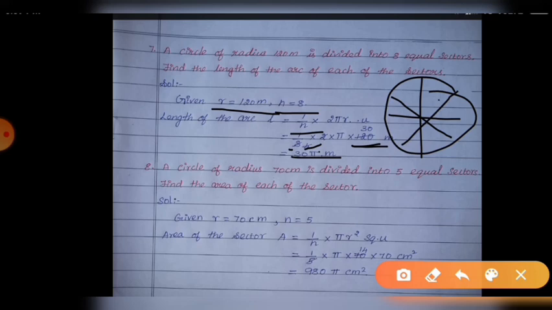Area of the sector, A is equal to, using the area formula pi r square, 1 by n into pi r square units. Here n is equal to 5, that is 1 by 5 into pi into 70 into 70.